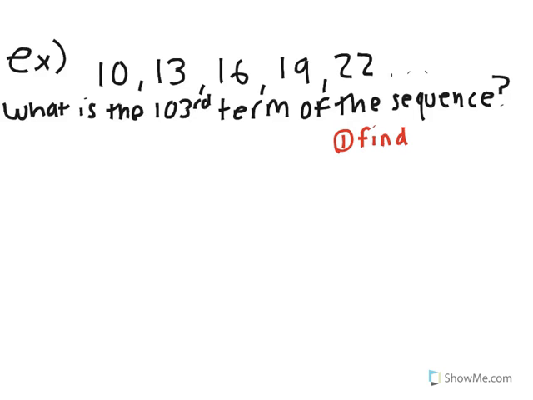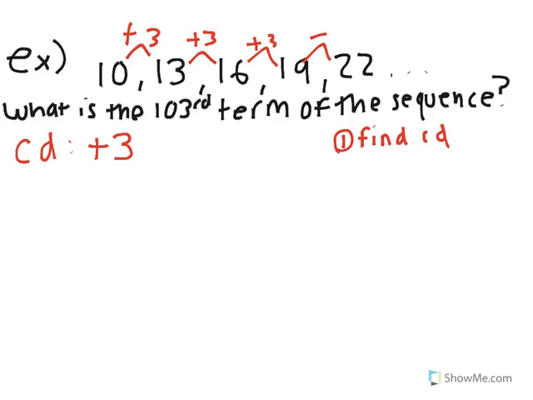Make sure it's an arithmetic sequence. I'm going to do CD for common difference. From 10 to 13 is positive 3. 13 to 16, that's positive 3. Positive 3, and positive 3. Each increases by positive 3, so my common difference is positive 3.